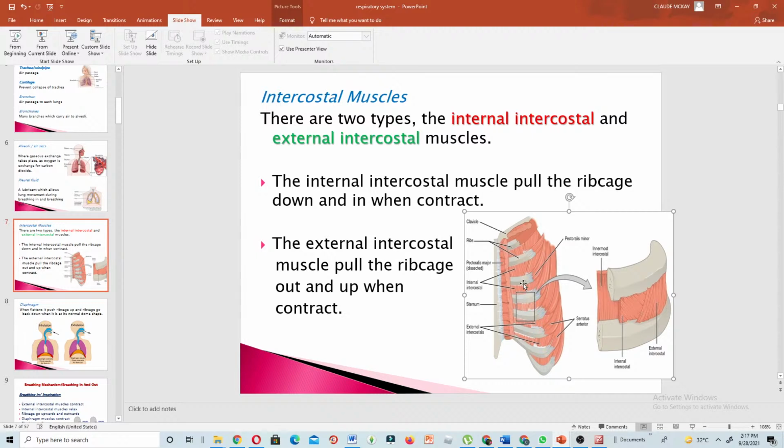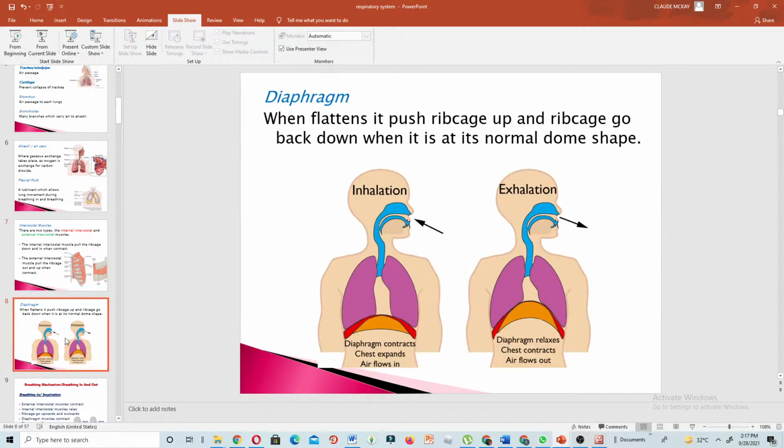That is the same movement that takes place inside the respiratory system whenever we are breathing in, where the external intercostal muscles contract, pulling the rib cage up and then out. That is to increase the thoracic cavity, the space that is created by the rib cage.